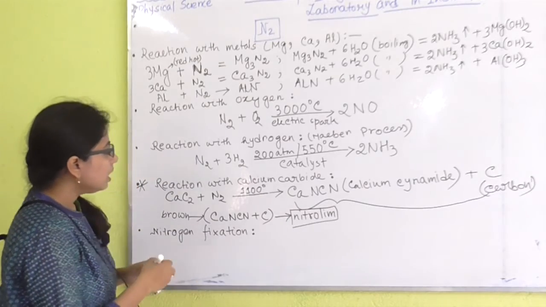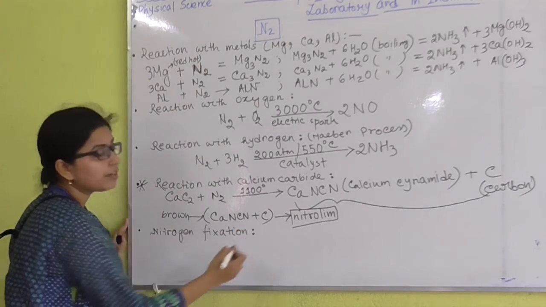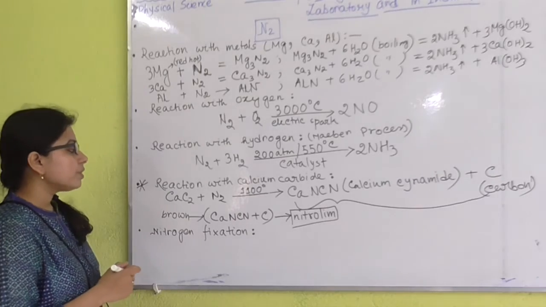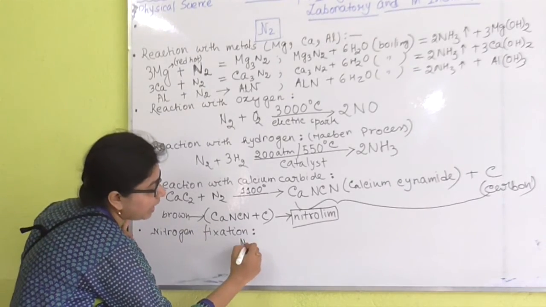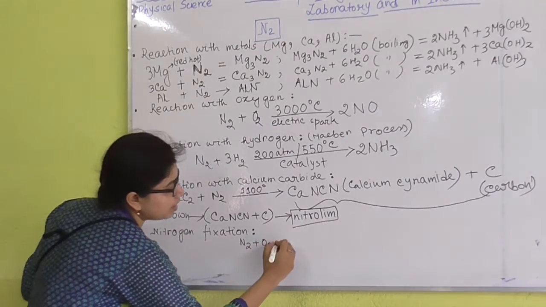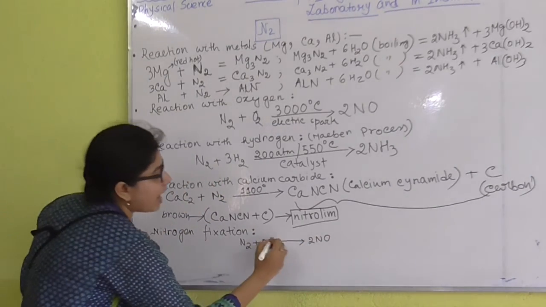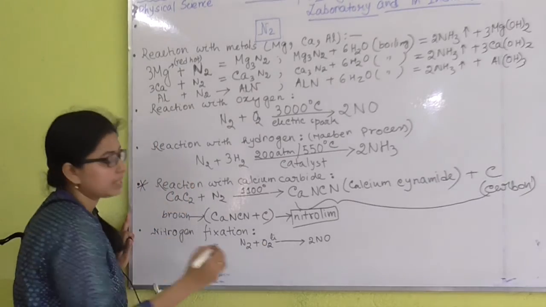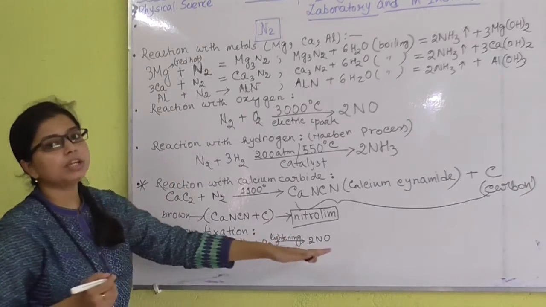Okay. Now the next thing is nitrogen fixation. This is already known to you also. Nitrogen fixation is a natural process where in the atmosphere nitrogen and oxygen combine to form nitric oxide at first, and as this is a natural process, in presence of lightning this process actually occurs.